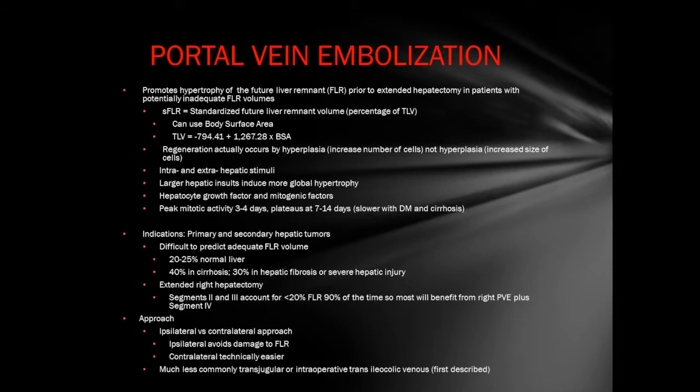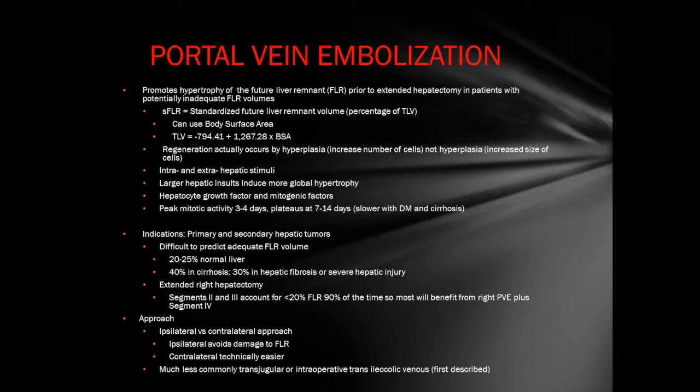Patients undergoing extended right hepatectomies, in vast majority of patients, over 90%, segments 2 and 3 account for less than 20% of the liver volume. So in almost all patients undergoing extended right hepatectomy, almost all of them will benefit from a right portal vein embolization, and also embolizing segment 4 as well.